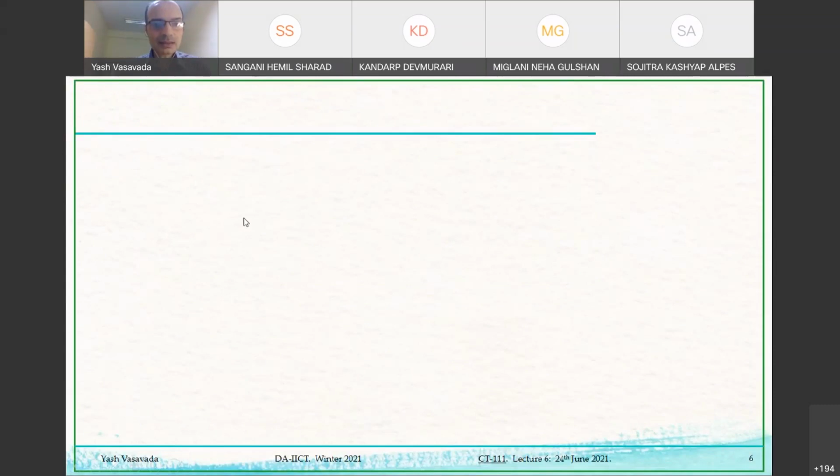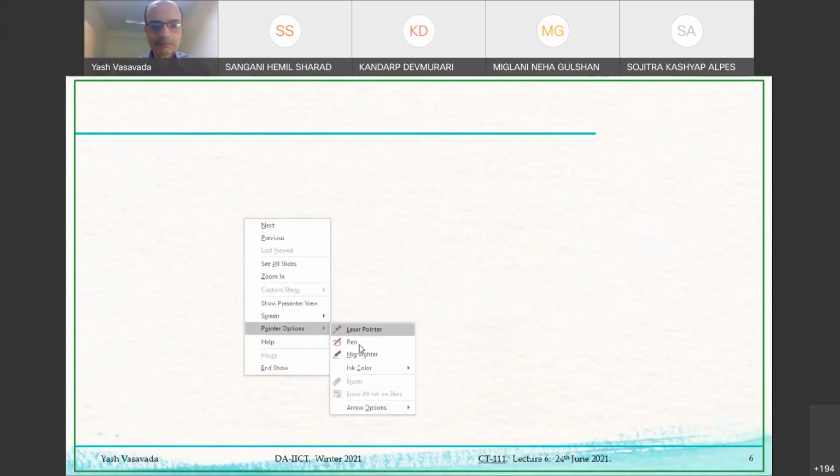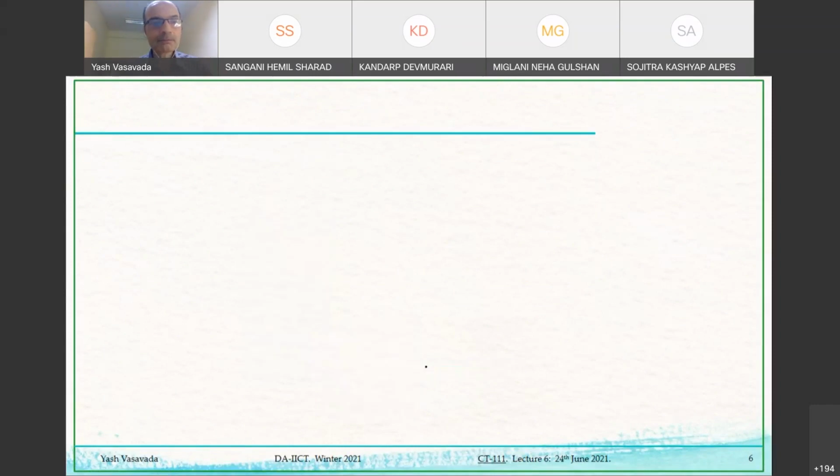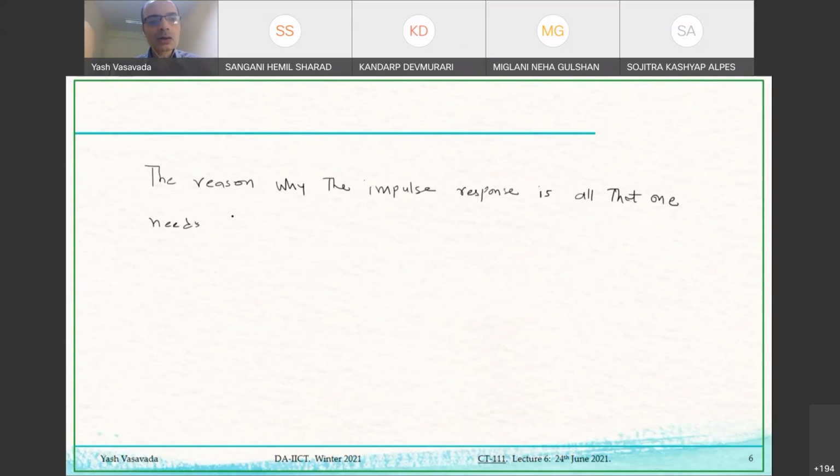So the reason why the impulse response is all that one needs, or in mathematical terminology this is called sufficient.